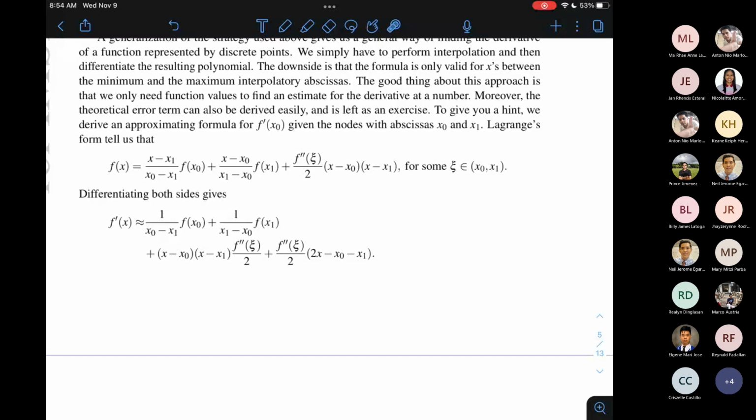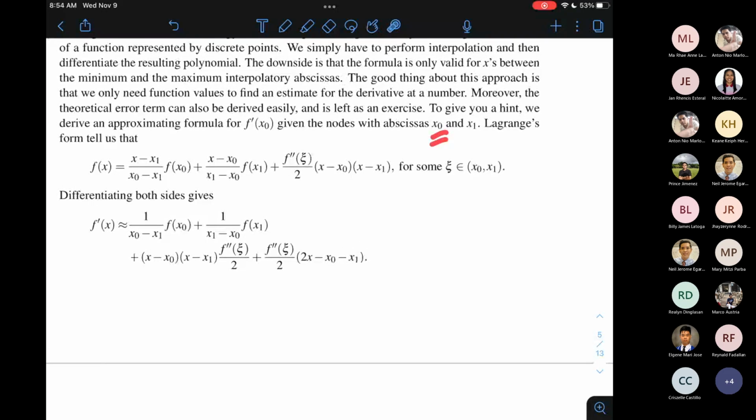Okay? So halimbawa, meron akong dalawang abscissas, si x sub 0 at saka si x sub 1. Gusto kong gamitin yung Lagrange interpolating polynomial to get an estimate for f prime of x sub 0. Right? So, yung natutunan nating method kanina, kunin lamang natin yung interpolating polynomial na daraan kay x sub 0, f of x sub 0, at saka x sub 1, f of x sub 1.